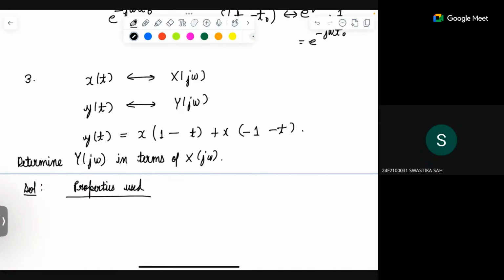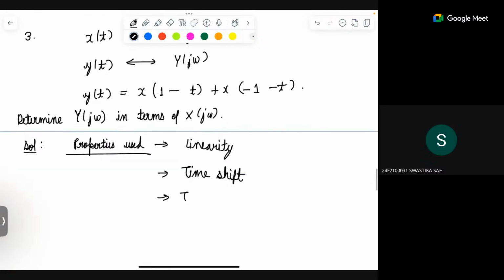Properties used. First one, linearity, for the addition of these two. Then time shift you will use. Time shift property and also time reversal property. So these three properties you will be using. Linearity property I had written down.